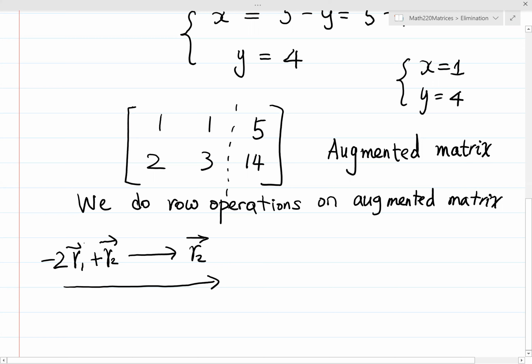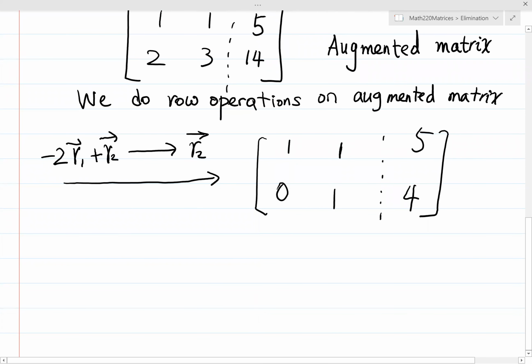So what do we get? The first row stays fixed, 1, 1. The second row, we add -2 times the first row, so we get 0, 1. On this side, the 5 stays fixed, and the 14 plus -2 multiples of the 5 would be 14 minus 10, so this is the 4.